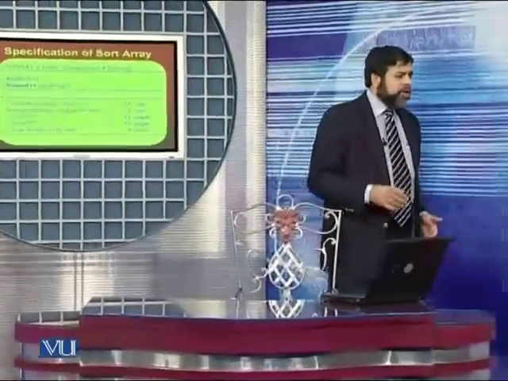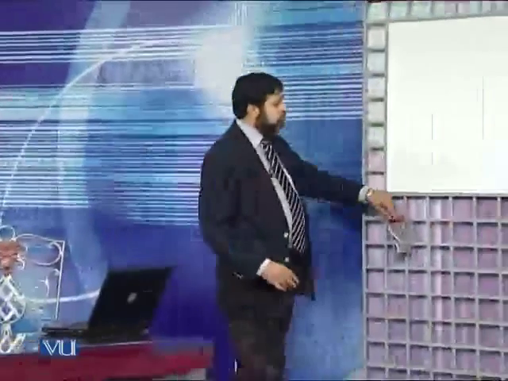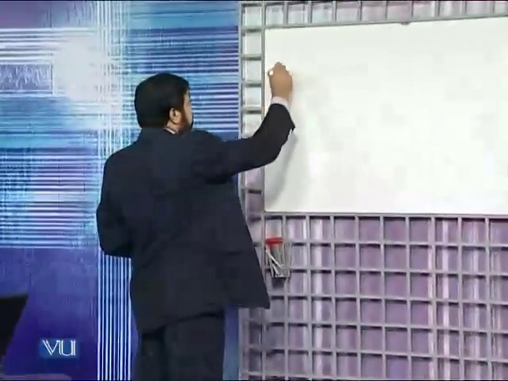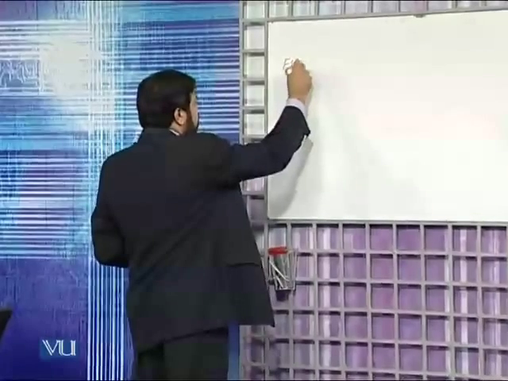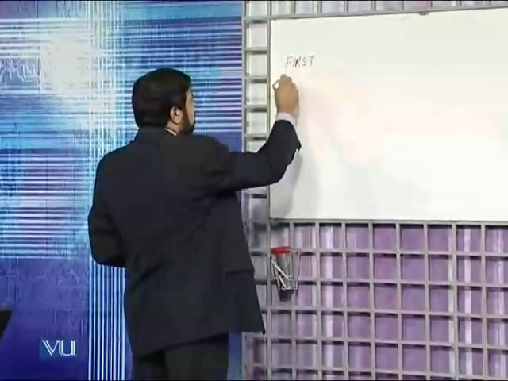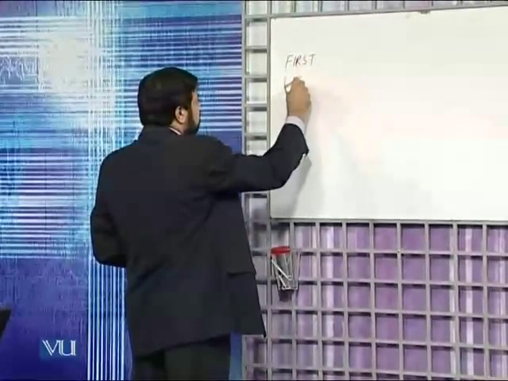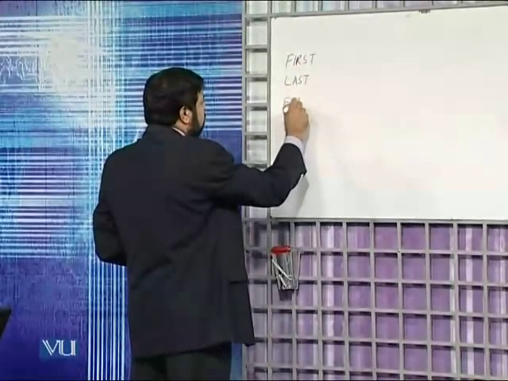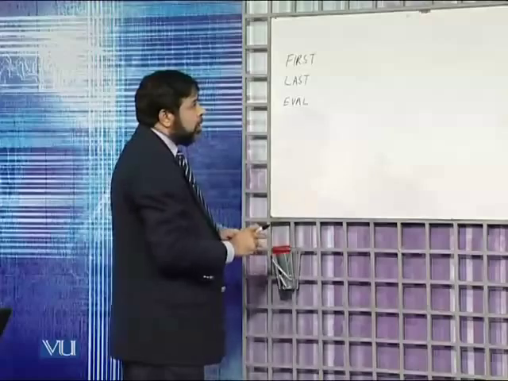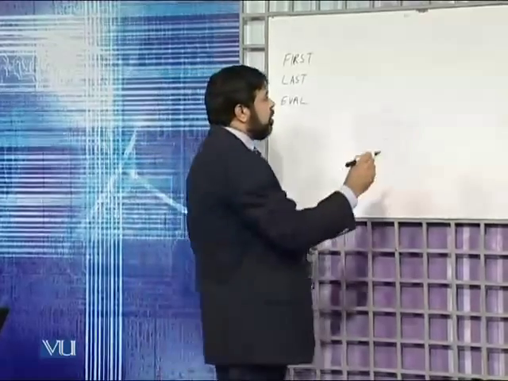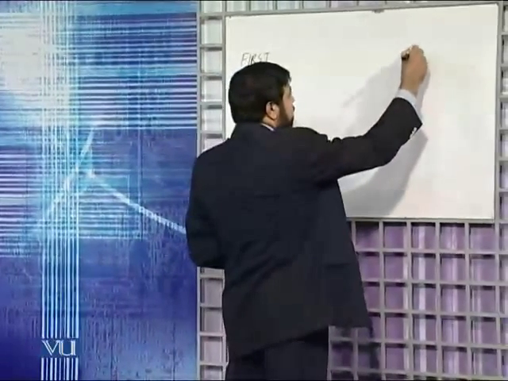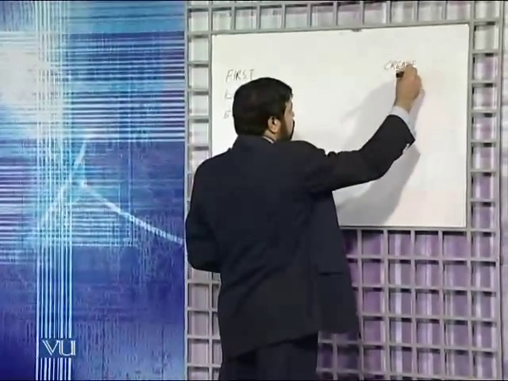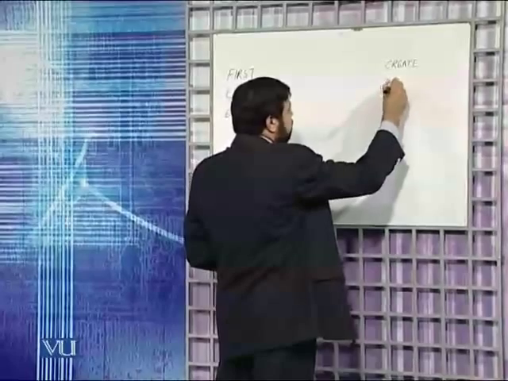So here we have these 3 inspectors: first, last, and eval. And we have 2 constructors: we have create and we have assign.